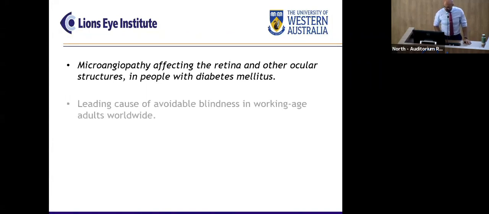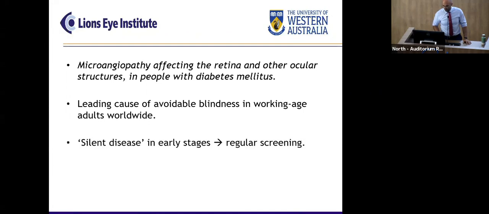So the retina is not the be-all and end-all, although it is the main site of the disease in diabetic eye disease. As I mentioned, it's the leading cause of avoidable blindness in people of working age, my age basically, 40 to 60. And it's a silent disease in the early stages, so you can have reasonably advanced diabetic eye disease and not even know it as a patient.